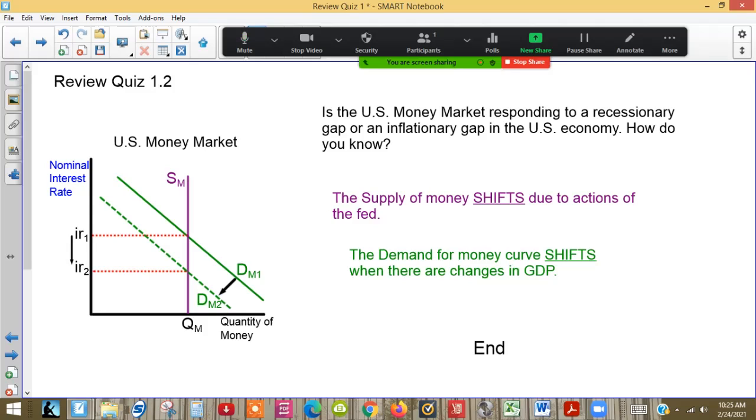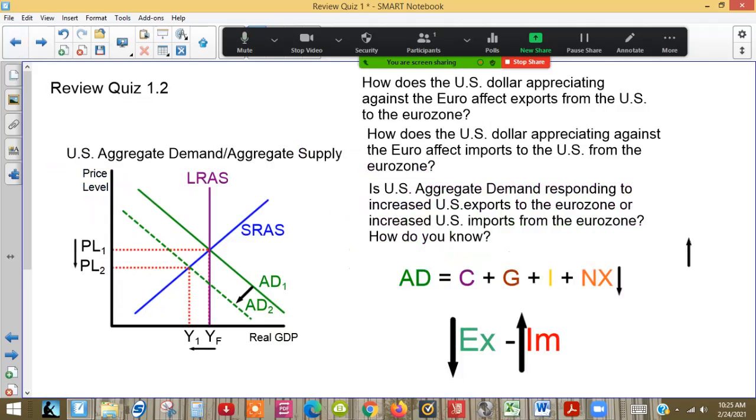Well, that would be changes in GDP. So if GDP is doing what we're seeing over here, if it's contracting, going from YF to Y1 because aggregate demand is decreasing, if there's less aggregate demand in the economy, which means there's less consumption, less government spending, less investment, that's going to mean that the demand for money is also going to decrease, right?